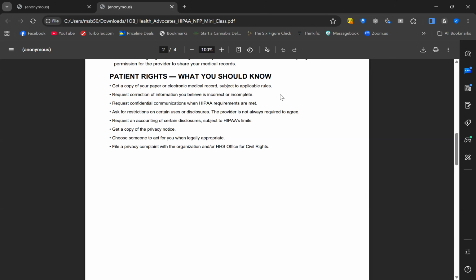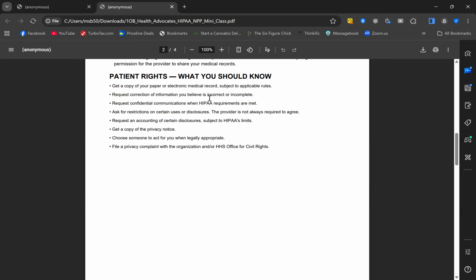Or you can go to the medical records department and tell them, hey, I would like a copy of my medical records. Should you decide to do that, they're going to ask you for what years. Know what years you want. Be very, very specific in what you want. They may charge you for it because they print it up.